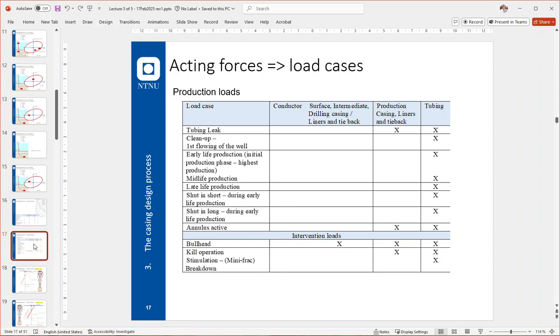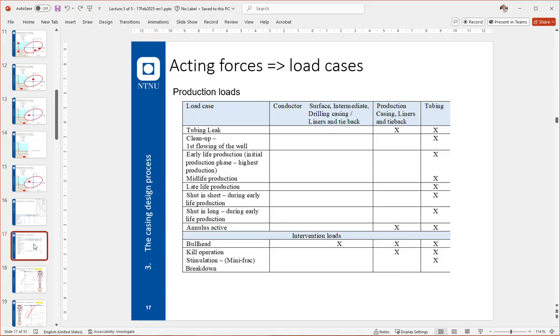Production loads. We will go in detail through tubing leak. It is basically what it says. Say that your tubing develops a leak, then the pressure inside the tubing will flow over to your A annulus.